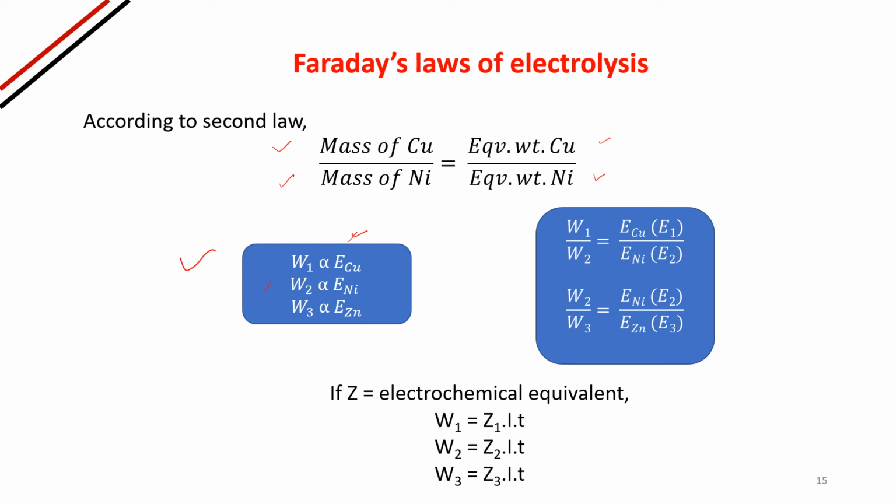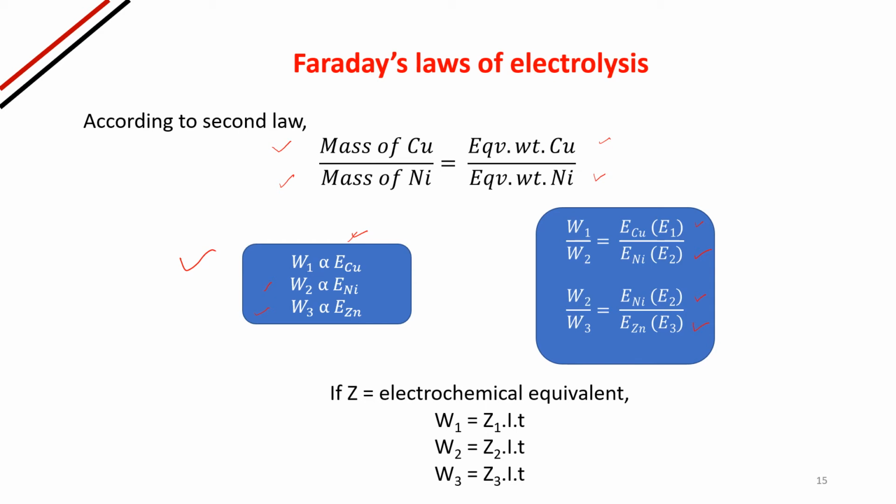W2 is proportional to the equivalent weight of Ni, and W3 is proportional to the equivalent weight of zinc. Then W1 by W2 is equal to E_Cu by E_Ni. Let us write it as E1 by E2. And W2 by W3 is equal to E_Ni by E_Zn. Let us write it as E2 and E3.